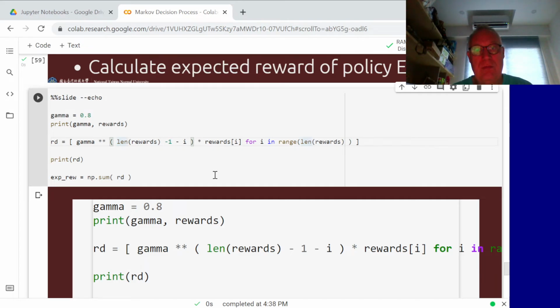So this, if rewards is 6, then this would be 5 minus 0.